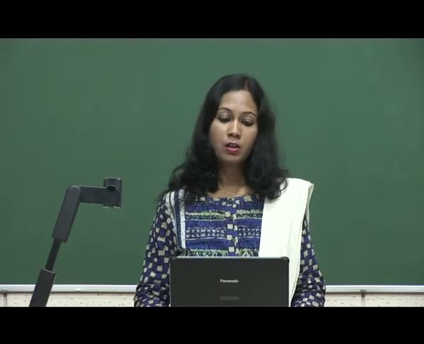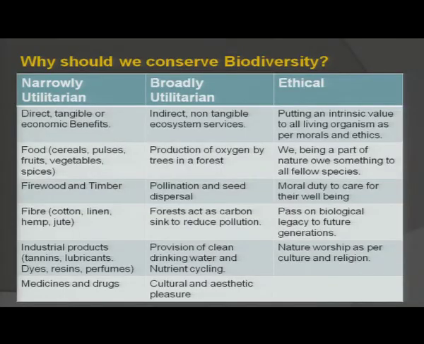The other one is broadly utilitarian. If we have a broader vision and if we try to analyze the use of biodiversity, then we see that there are innumerable indirect or non-tangible ecosystem services which are provided by this biodiversity to us.